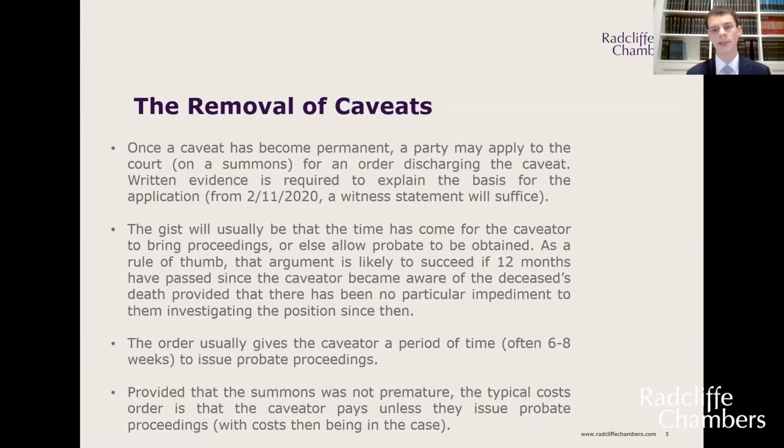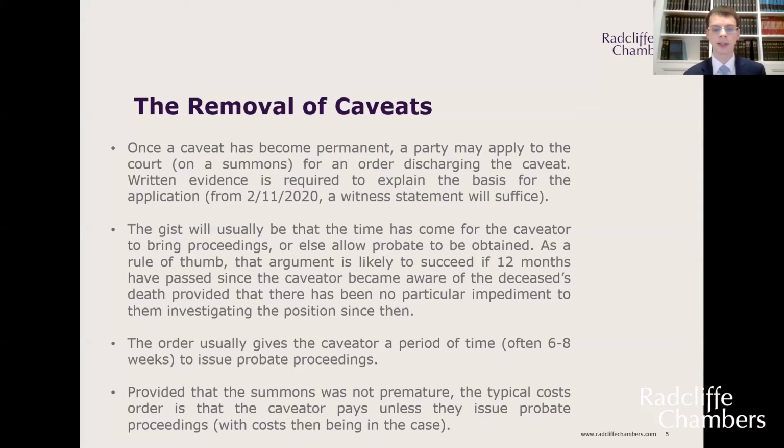What normally happens is that if a fairly lengthy period has elapsed, say around a year or more, the typical form of order, I've never seen the court make an order in different form, I've done a handful of these, is a kind of unless order, giving the caveator a period of time to issue a claim in the Chancery Division.